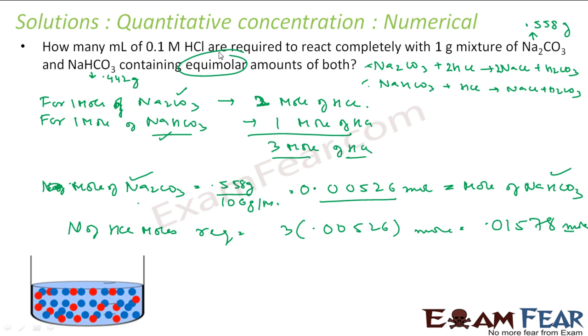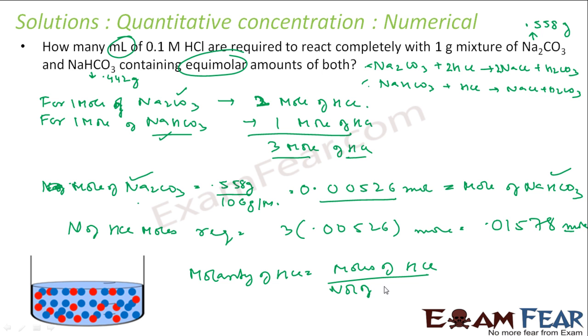Correct? I have to find the volume in milliliters. The molarity of HCl is given. Molarity of HCl is nothing but moles of HCl divided by volume of total solution in liters. I have this given, I have to find this. Let's put the values. Molarity of HCl is 0.1 M, given.